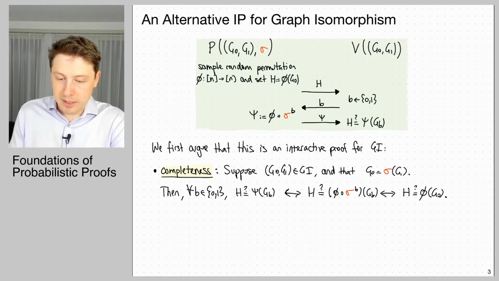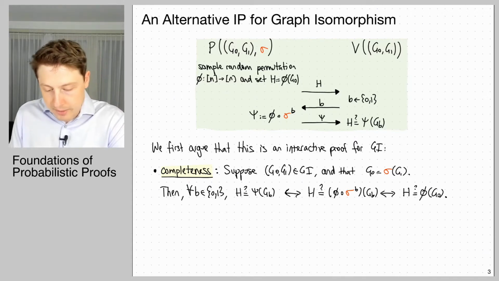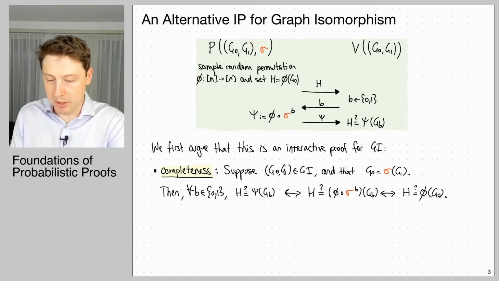But look, G0 and G1 are isomorphic, and the prover is just doing whatever he will be tested on, right? Because this is the test of the verifier. Because this isomorphism psi is chosen in this way, and sigma is an isomorphism from G1 to G0, when B is 0, then this is just phi of G0, which is true, because that is how H was chosen.